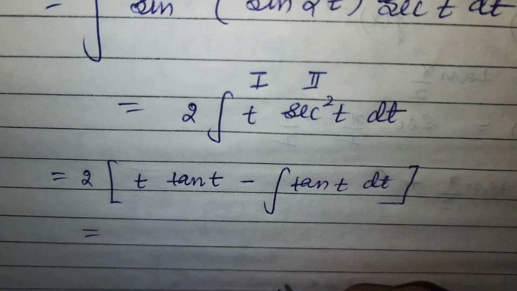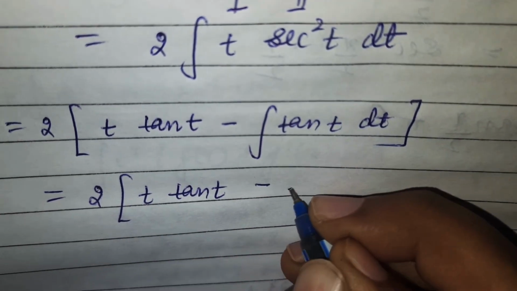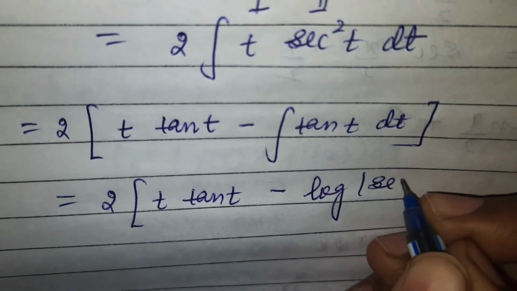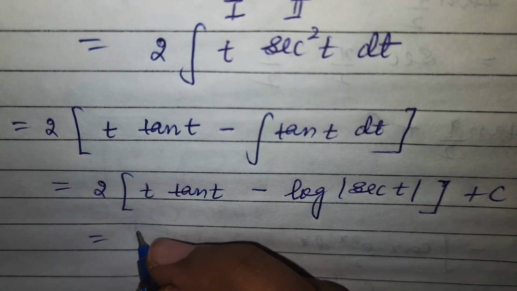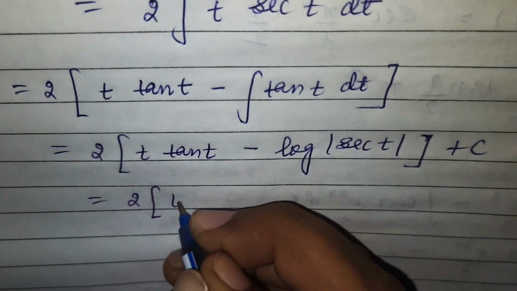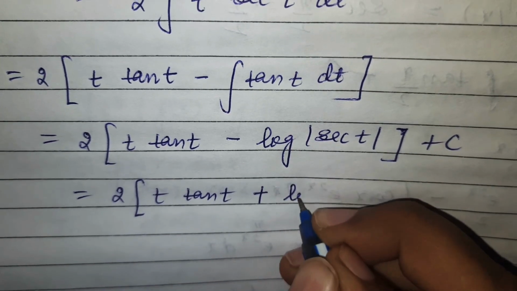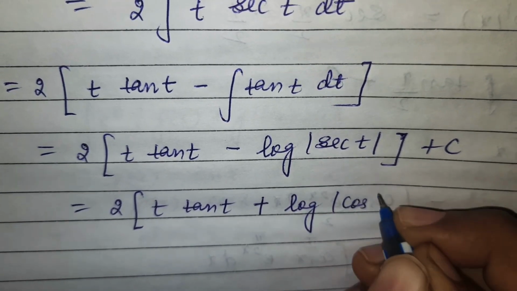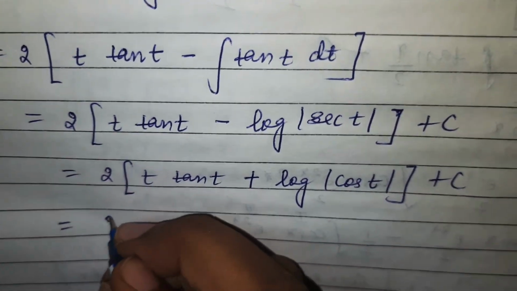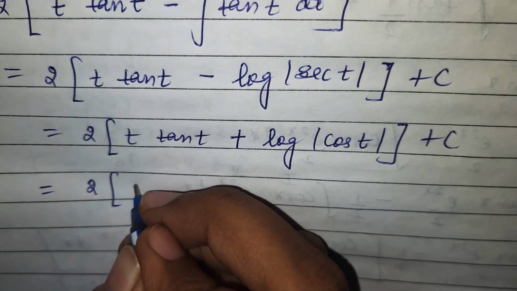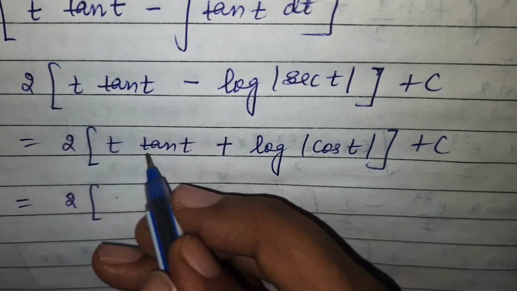So this will become 2t tan t, this is minus log of secant t plus c, or we can write 2t tan t. If you want to write in terms of cos, then it will become plus log of cos t by the property of log plus c. So final answer will be 2t tan t.